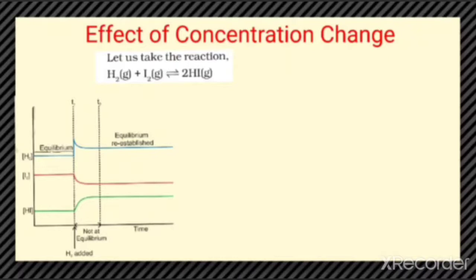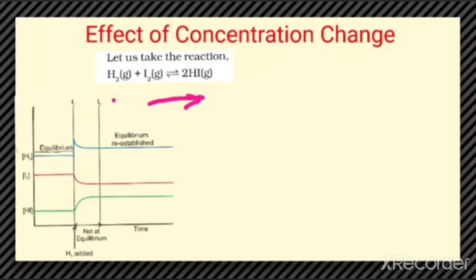Now, in order to restore it or to reduce the effect of this change, the reaction proceeds in a direction that consumes the hydrogen which is added. That is, you can see, the forward direction. The reaction moves in the forward direction in order to reduce the hydrogen which is added.